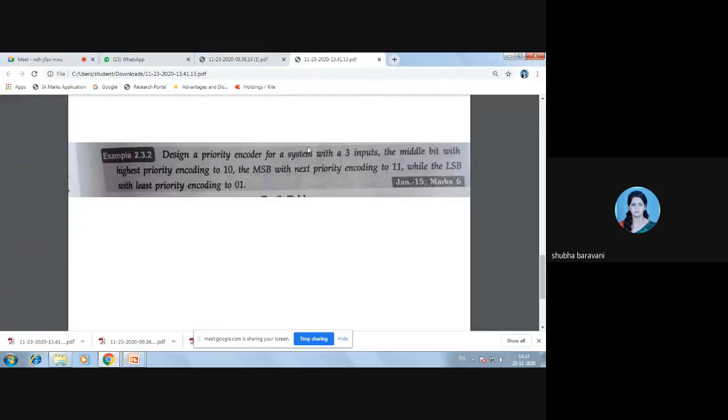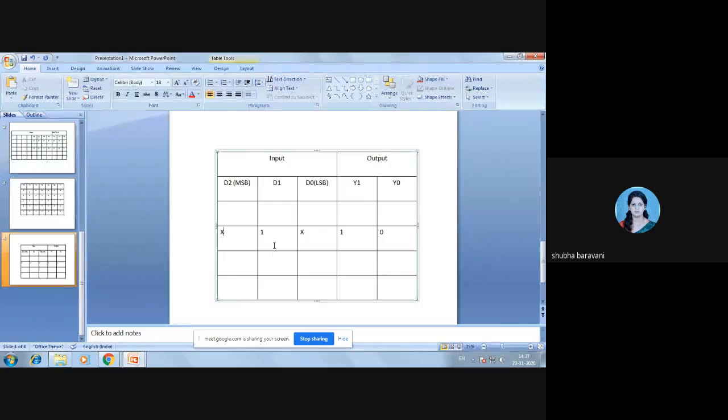Similarly, the MSB with next priority encoding to 1 1, whatever be the condition of this, this is 0, this is X, giving you 1 1.